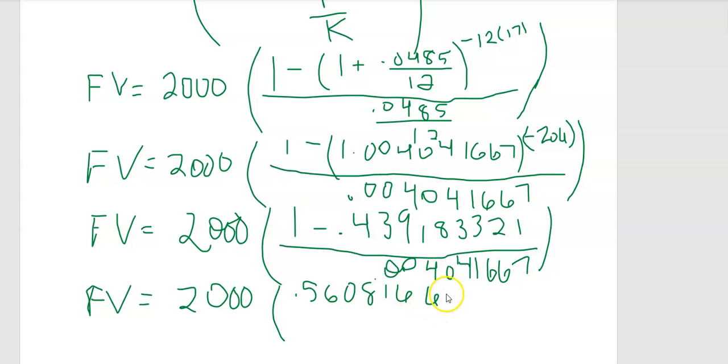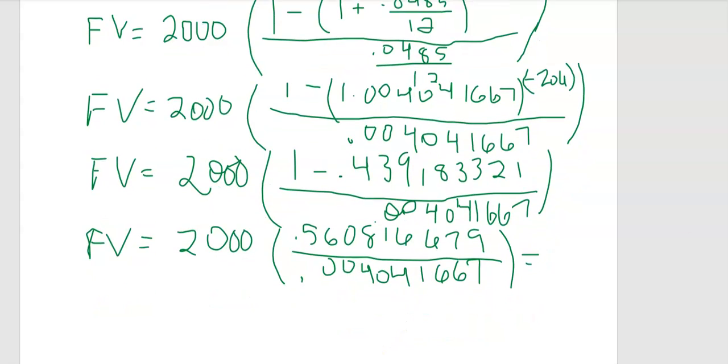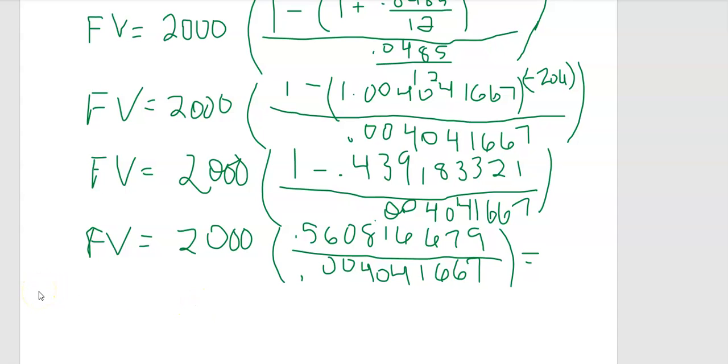And now I'm at the point after this that I can put everything into the calculator at once, and I shouldn't run into any glitches. So we can go ahead and enter 2,000 times the 0.5608166679 divided by this bottom, and we should get what the future value that we need to have is going to be.